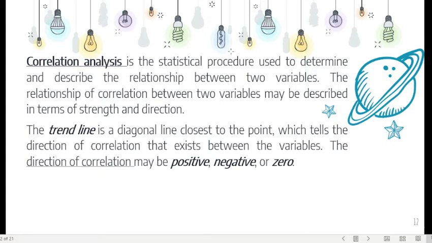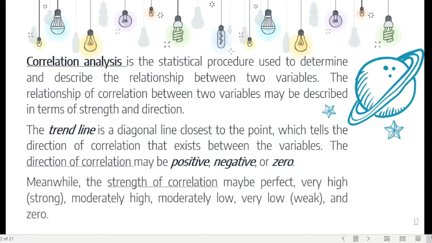So the trend line is a diagonal line closest to the points, which tells the direction of correlation that exists between the variables. The direction of correlation may be positive, it may also be negative or zero. So later on, we will find out what is the meaning of these three directions of correlation.